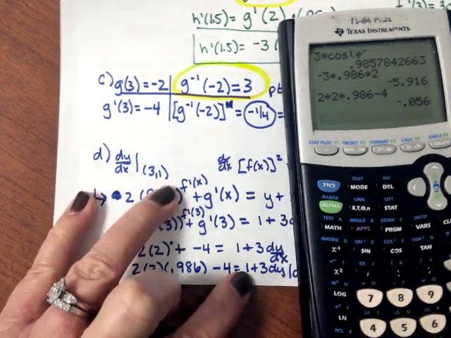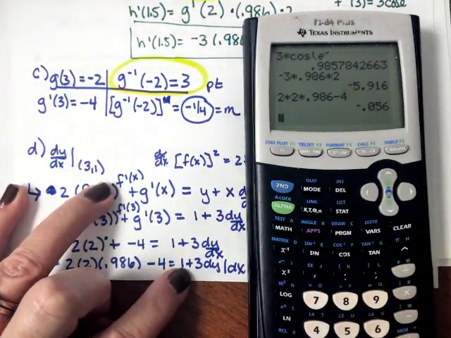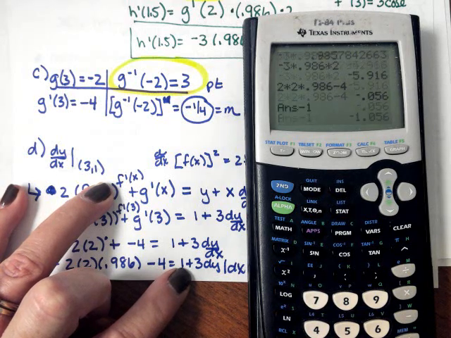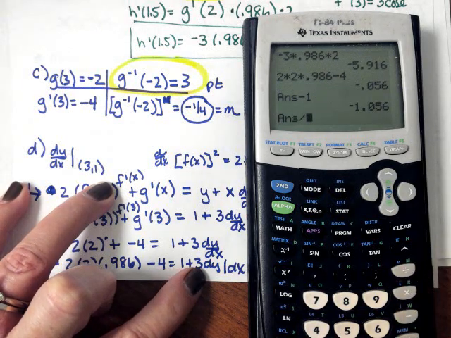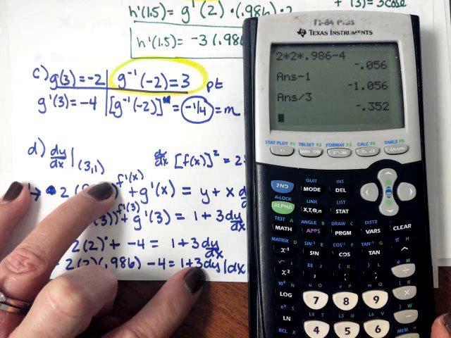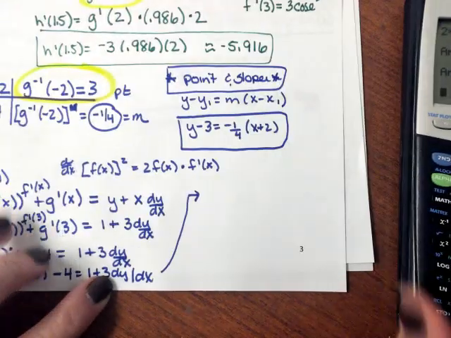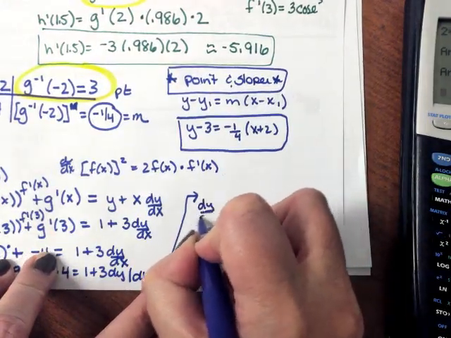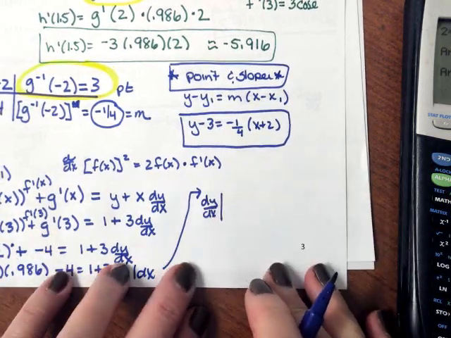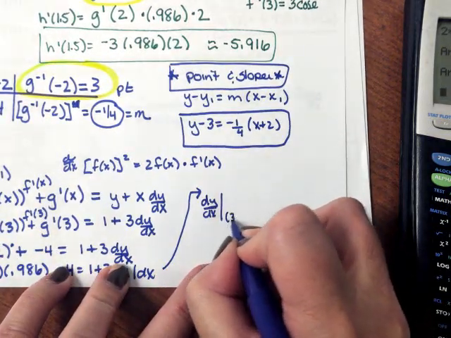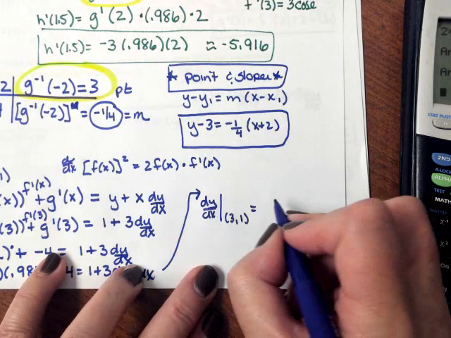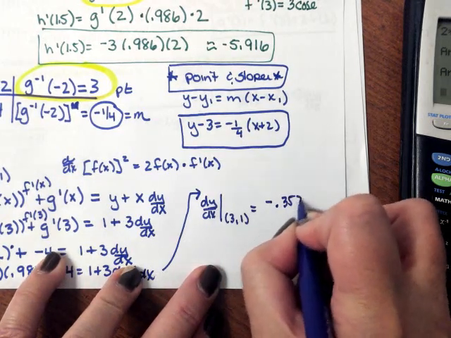And then to finish solving for dy dx, I'm going to subtract 1, and then divide by 3. So I end up with negative 0.352. So dy dx at the point (3, 1) is equal to negative 0.352.